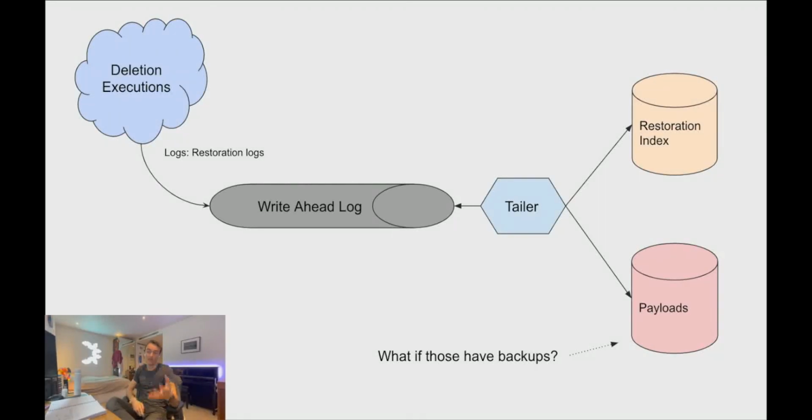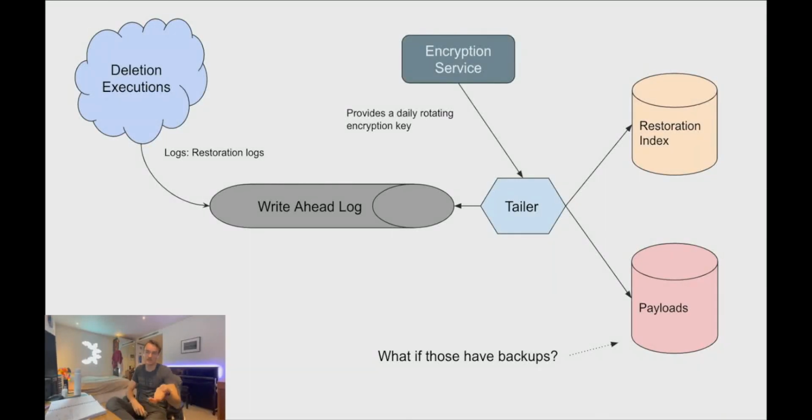And to counteract this, we added an encryption service which provides a daily rotating encryption key. And all of the restoration logs of a given day are encrypted with that key. And when that key expires, this basically means the data is effectively deleted. And that's how we enforce a very strict upper bound on how long we can retain those restoration logs, no matter which storage we are storing our data on, and whatever backup policy they might have.